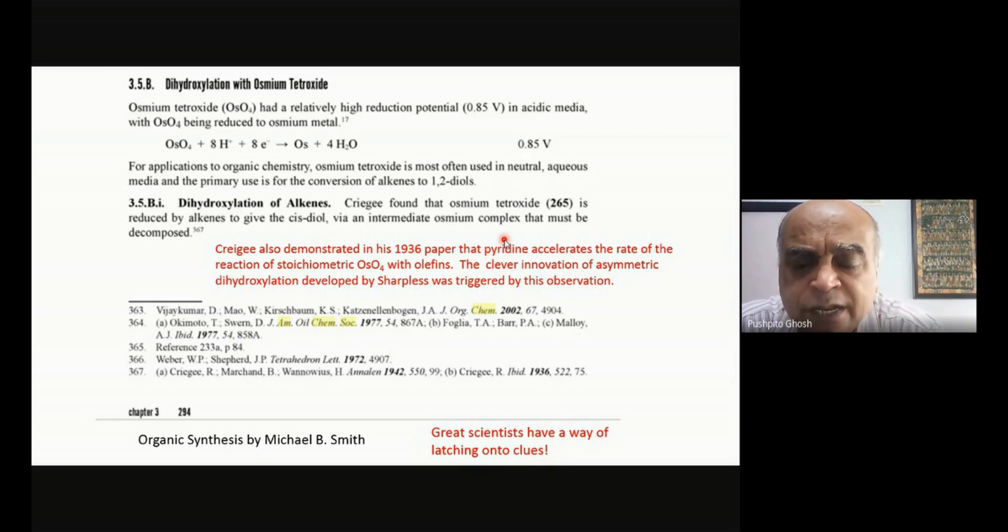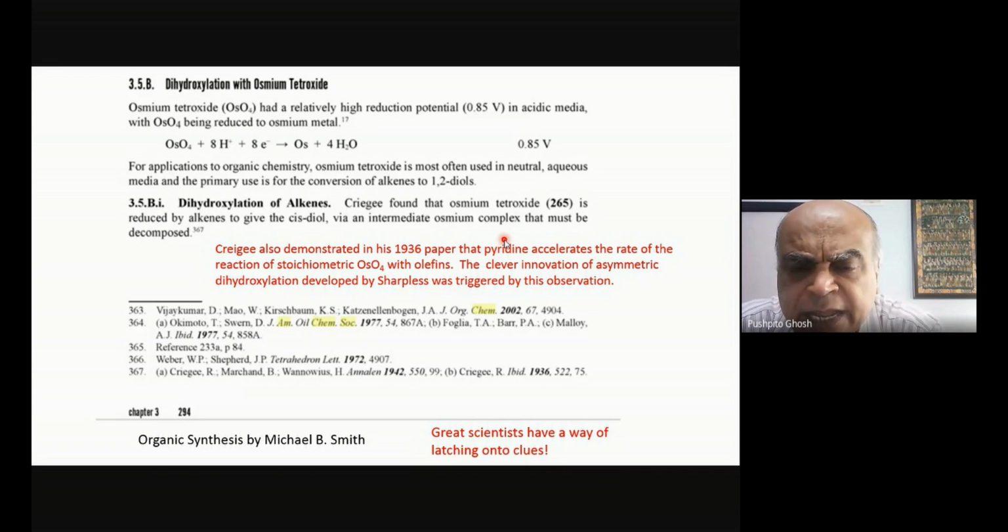Similarly, Sharpless came up with a brilliant idea. He said, look, of course Criegee has reported pyridine, but it may not be only pyridine. Maybe it is nitrogenous, amine-type compounds that can accelerate the rate of the reaction.